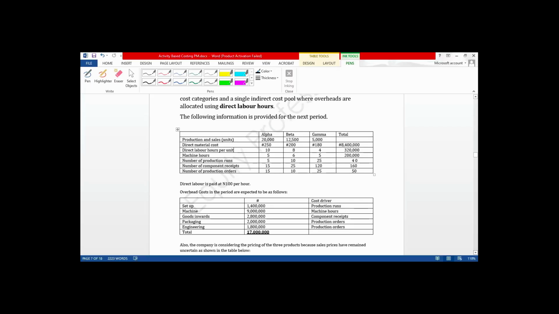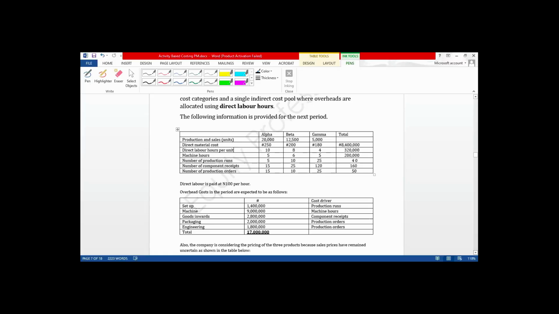Amount is 9 million. The cost driver is machine hours. We have goods inwards overhead costs. Amount is 2.8 million. The cost driver is component receipts. We have packaging overhead cost. Amount is 2 million. The cost driver is production orders.